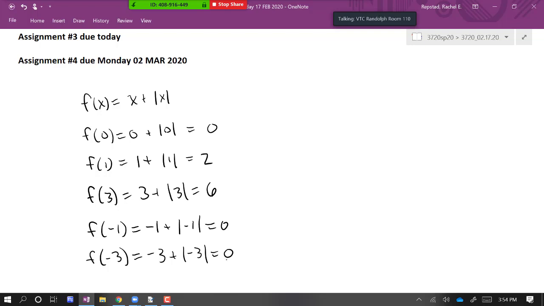And what do we think about how we would go about showing it's injective? It's not injective. Well, yeah, why? Because the negative number doesn't map to the real number.